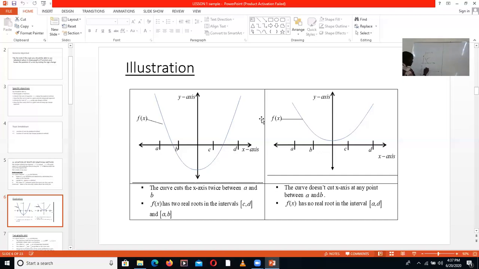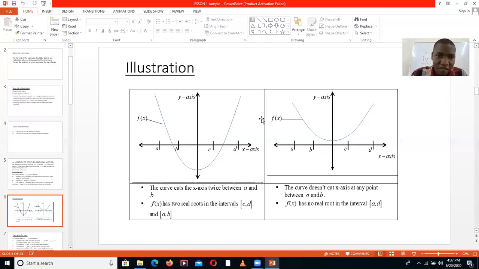And something like that. Now, you notice that this function is crossing the x-axis 3 times. If it is crossing 3 times, that means that the function f of x has 3 roots. So that therefore means that the number of times a given curve crosses the x-axis shows the number of roots a given function has.